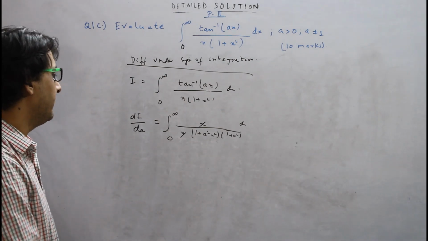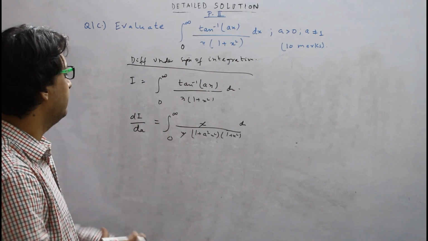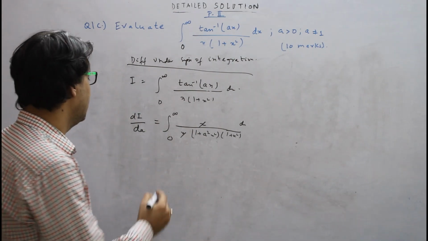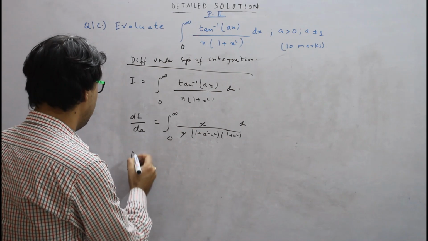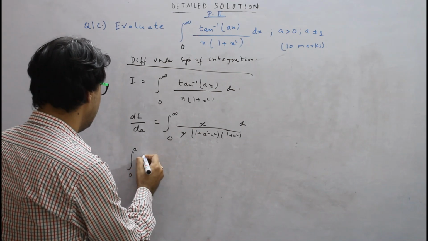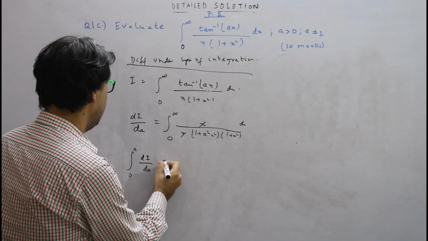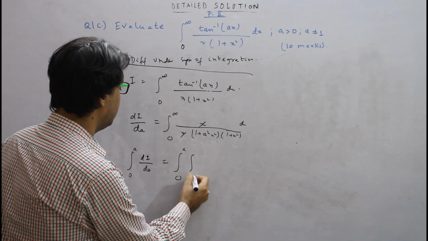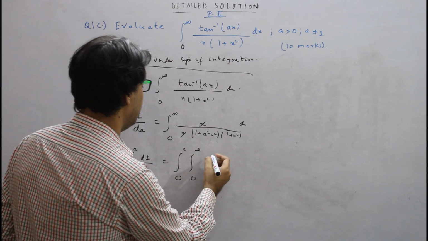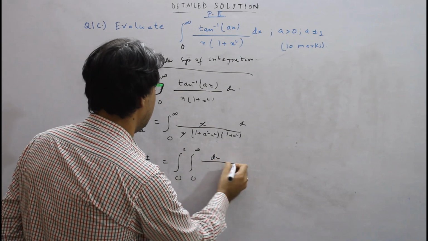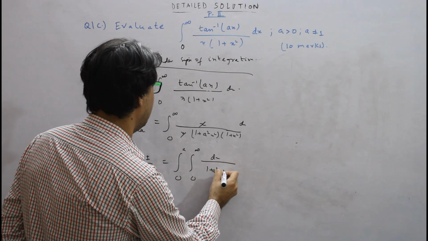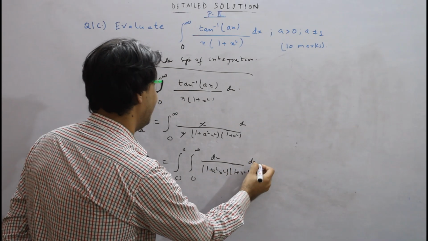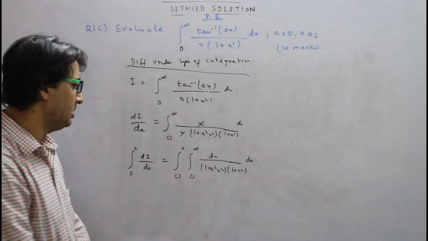Now if you apply some approach of multiple integrals which we have studied, I am going to use double integration, say dI by dA, and it runs from 0 to a, and this runs from 0 to infinity. This is simply a simple manipulation, nothing else.